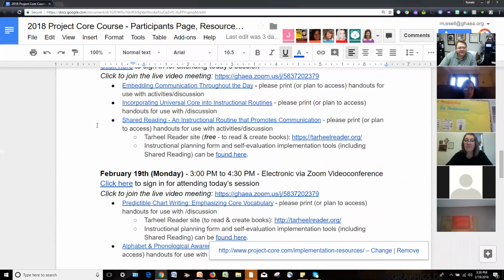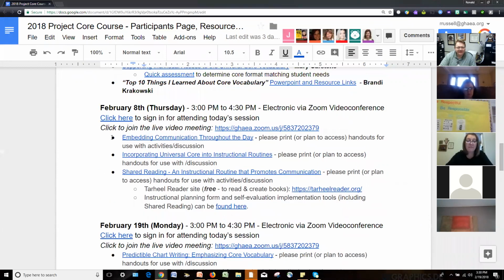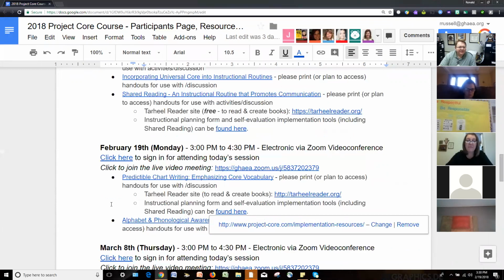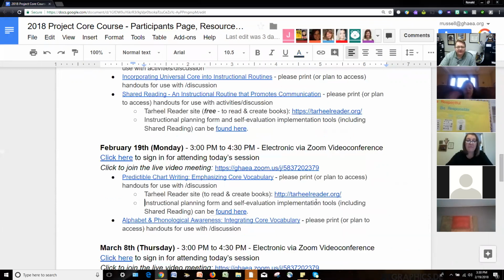Okay, so that's shared reading. Some of the key components there. And as far as materials that you may want to use, I just really want to encourage you, if you've not gotten familiar with Tar Heel Reader, the website is here. I think we looked at that last time. It's an invaluable resource of books that you can access.